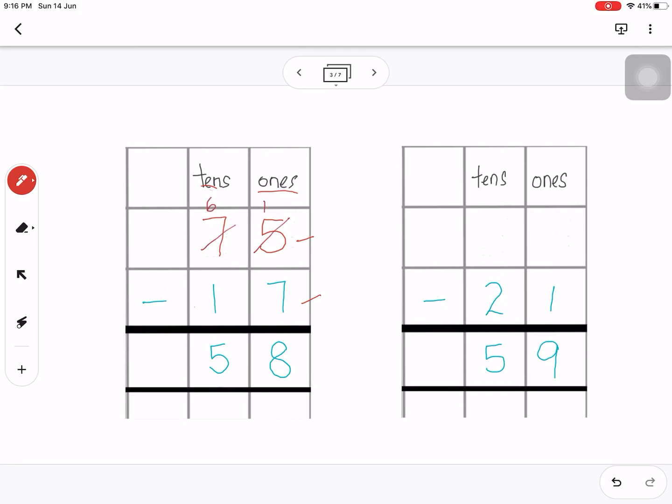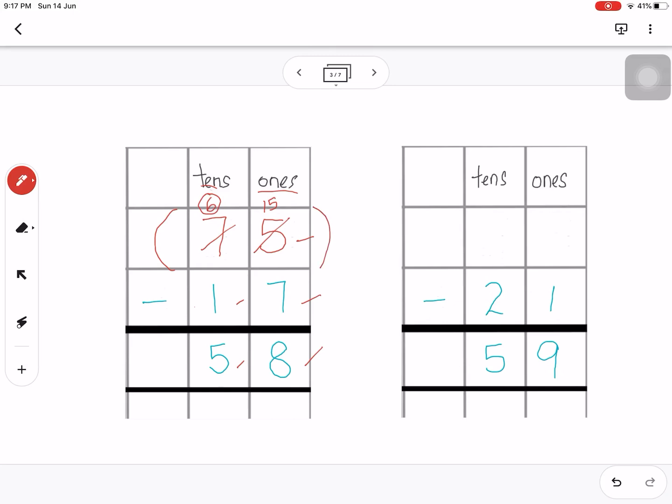And then we do regrouping, 15. 15 minus 7. 15, take away 7, step by step I count back from 15. 14, 13, 12, 11, 10, 9, 8. So the answer is 8, correct? Now, I use 6 to minus 1. 6 minus 1 is 5. So, confirmed already. The answer is 75 minus 17 is 58. So, the missing number here will be 75.